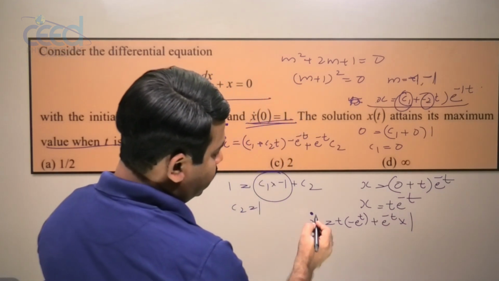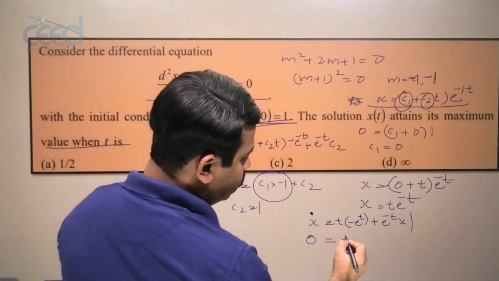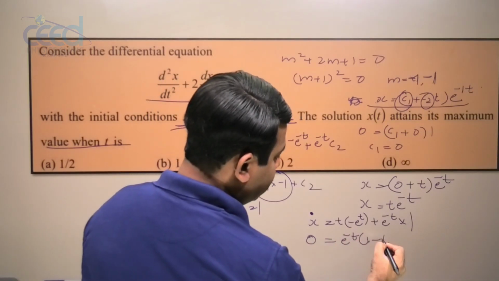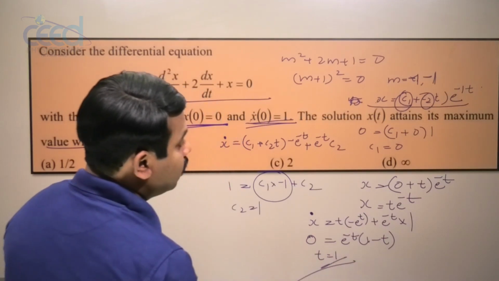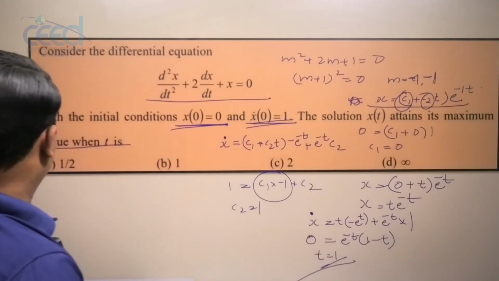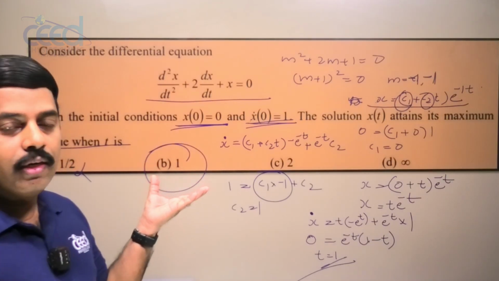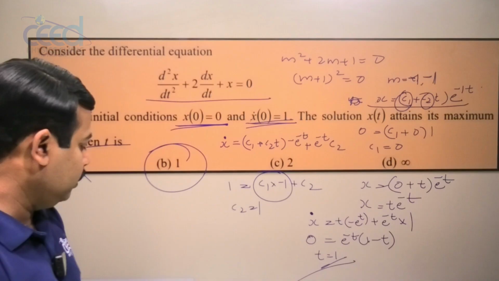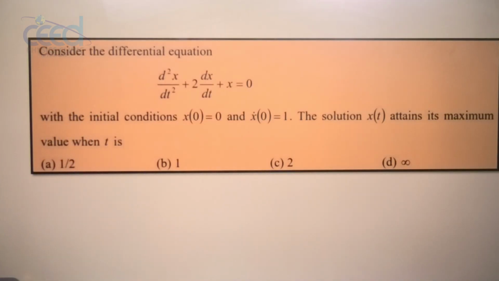So at maximum, x dot is 0. Then you can take e raised to minus t out, leaving 1 minus t. This is possible when t is equal to 1. So at t equal to 1, the function value will be maximum. So option B is correct, right? Alright.